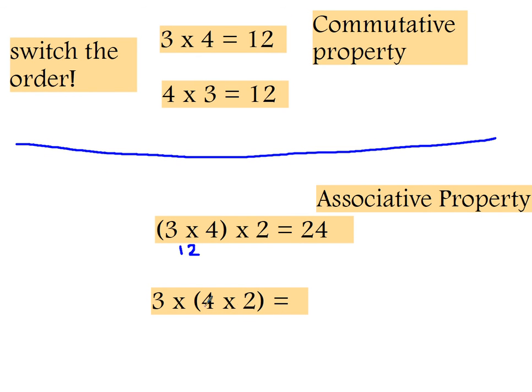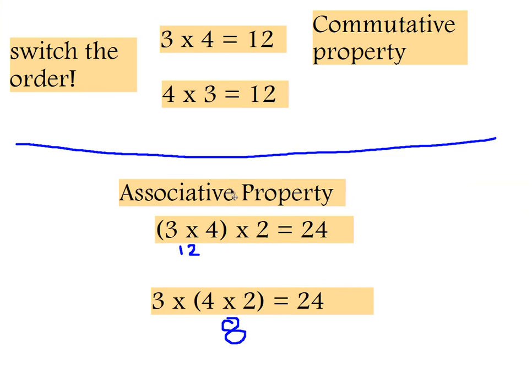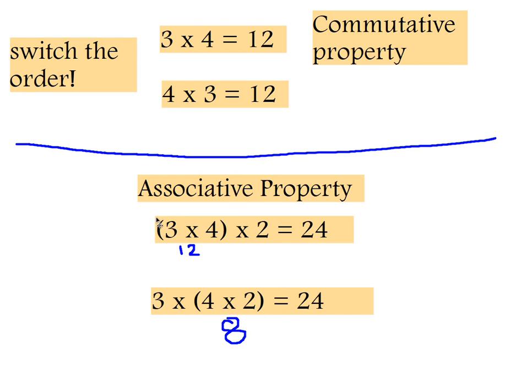Well, let's see. 4 times 2 is 8. And what's 8 times 3? 8 times 3 is 24. So here we saw using the associative property that you can group these factors differently, but you still get the same answer.